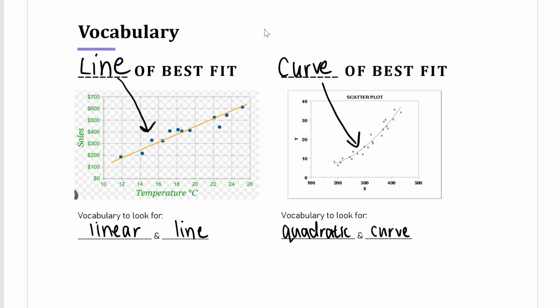Si tienes una palabra con muchas palabras, necesitas buscar para el vocabulario por una pista. Por ejemplo, si un problema con muchas palabras tiene linear o line, tú sabes que es este tipo. Si tienes un problema con muchas palabras y tienes quadratic o curve, tú sabes que es este tipo.